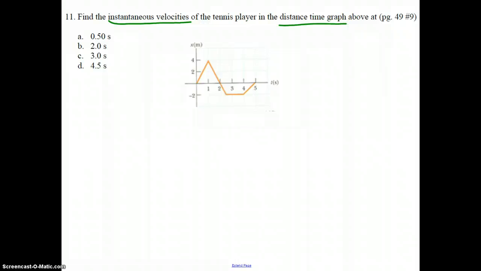When you see instantaneous velocity on a distance time graph, the keyword that needs to pop into mind here is slope of tangent. So for A at 0.50 seconds, so it's the same as it was before. The slope of the tangent there would be the line itself, so that's 4 meters per second.